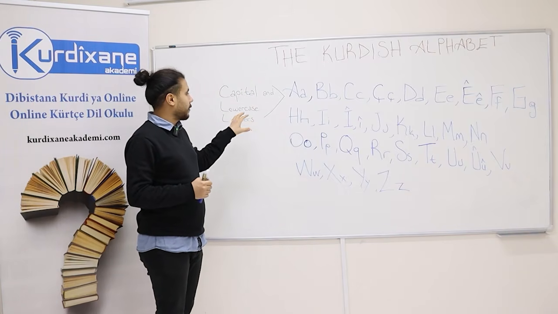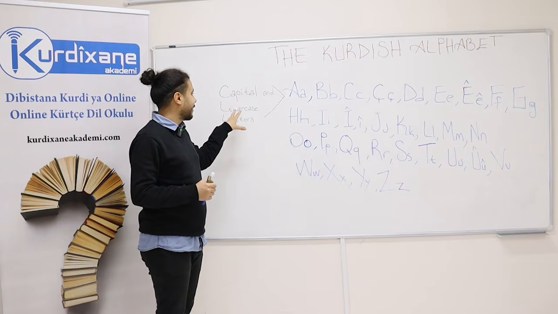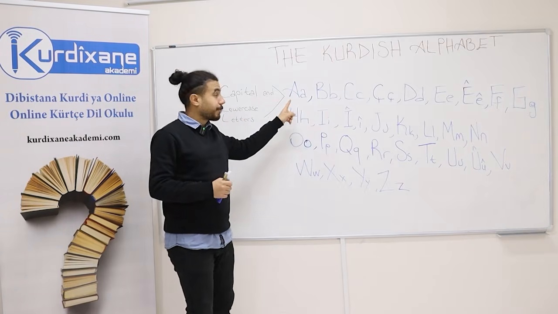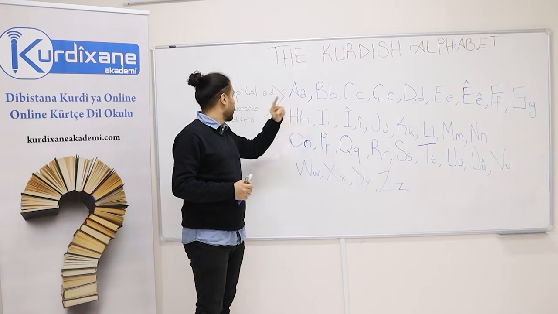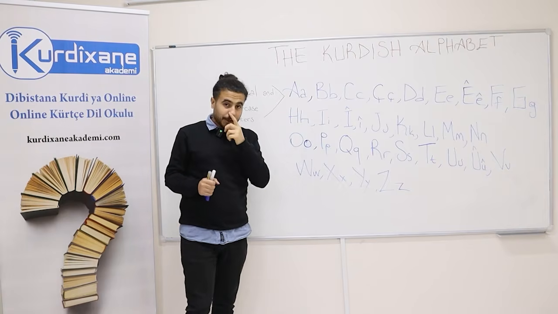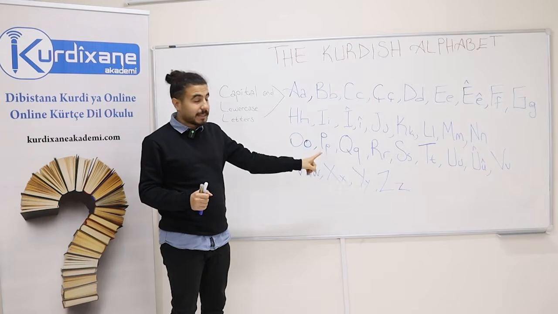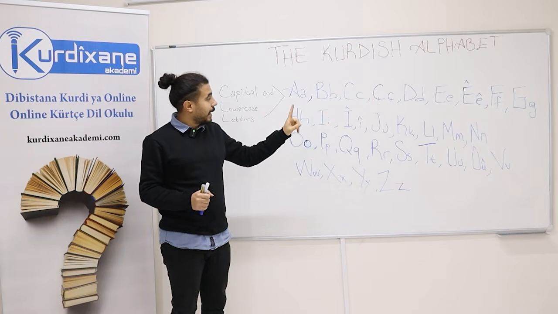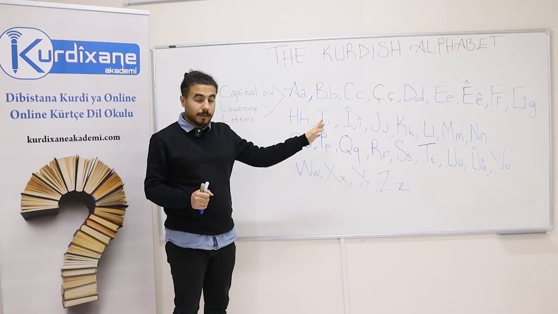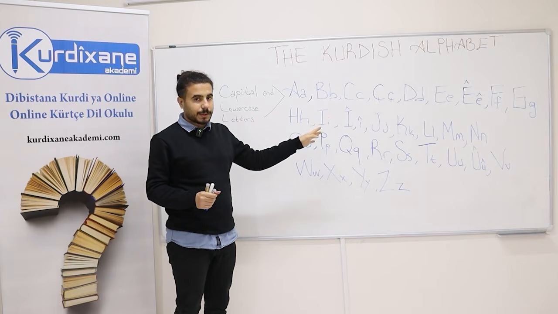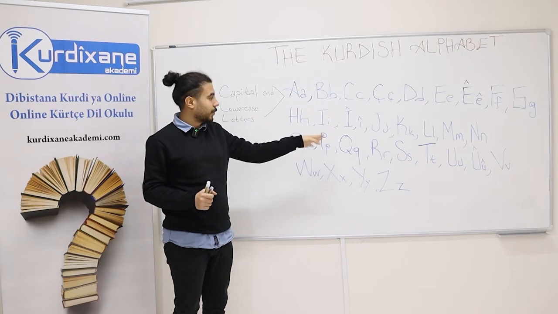You can see how the letters are written in capital and lowercase. So here you can see the capital letters and the lowercase letters. In the Kurdish language, there are 31 letters. 8 are vowels, and the rest consists of consonants. So we've got 23 consonants.